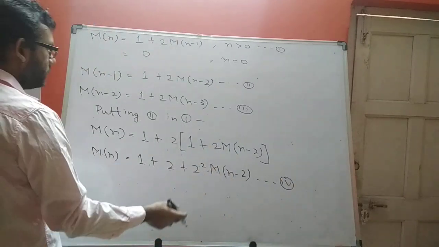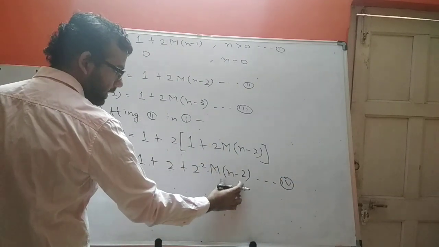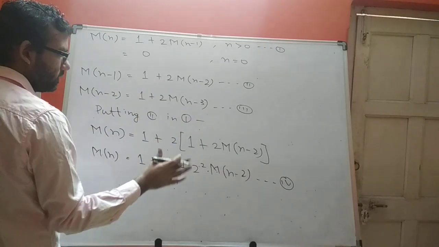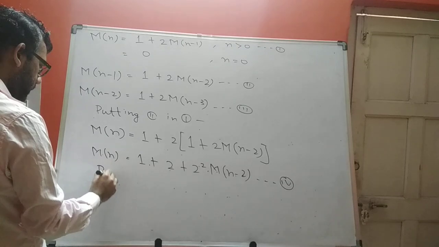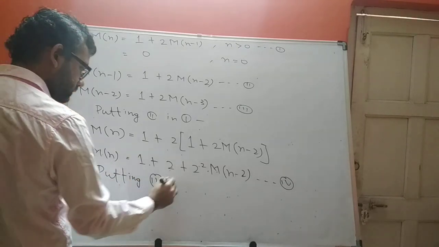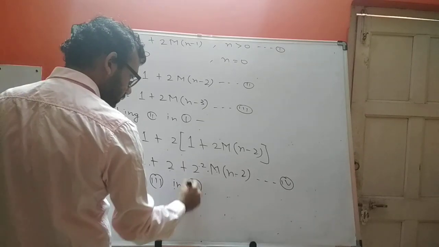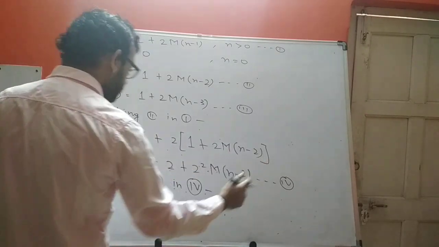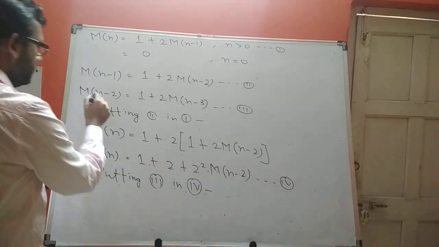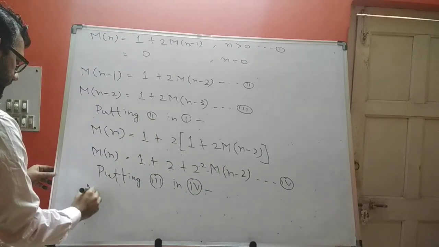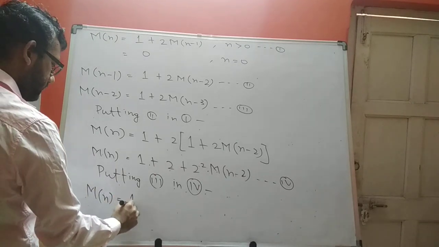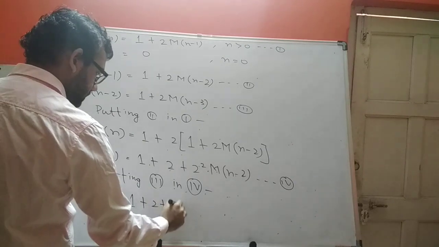Now in equation 4, I can see that there is a term m of n minus 2. And in equation 3, I can see that there is an expression for m of n minus 2. So I can say putting 3 in 4. So if I substitute 3 in 4, what will I get? I'll get m of n is equal to 1 plus 2 plus 2 square.